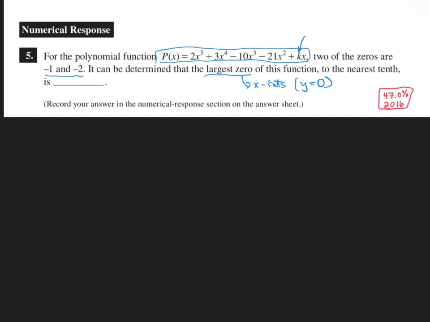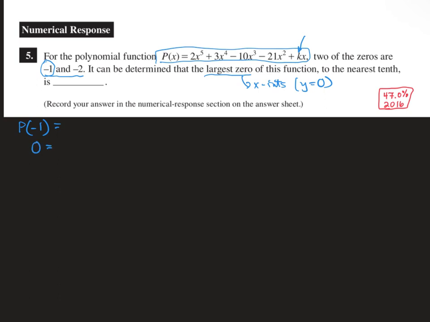Okay, so if there is a missing parameter in a polynomial equation like that, the idea is to use remainder theorem or factor theorem to find that missing parameter. So if one of the zeros is, I'm just going to use -1 because it's smaller, then we can go p at -1 and sub that in for x, and that would equal the remainder, and if it's 0, that means the remainder is 0.